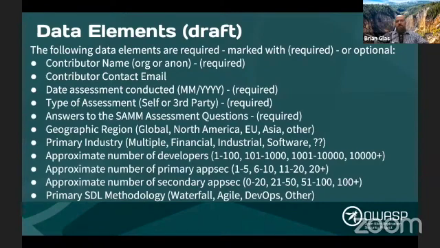So I could see potentially looking at having data elements at a scope, being able to say, hey, this is an individual application versus this is a division or subset of an organization versus this is an entire organization.